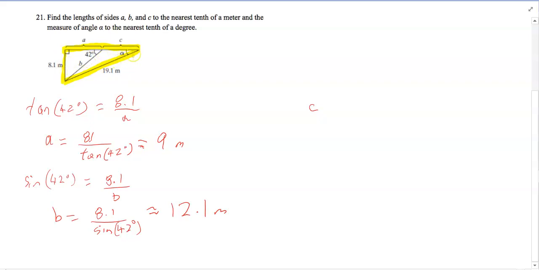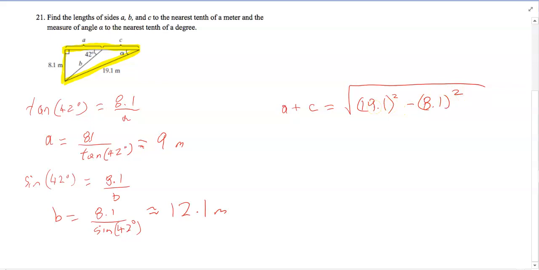So if you're using the Pythagorean theorem, A plus C would be equal to the square root of 19.1 squared minus 8.1 squared.